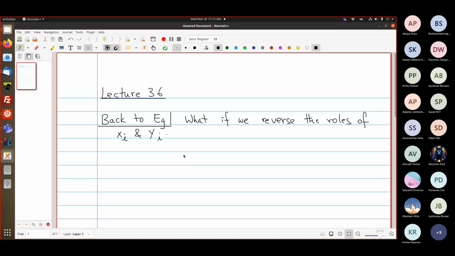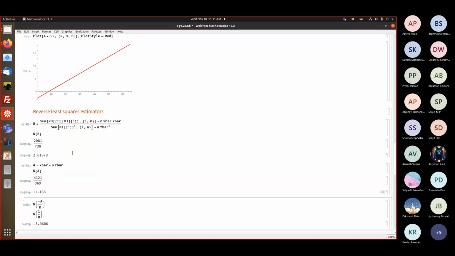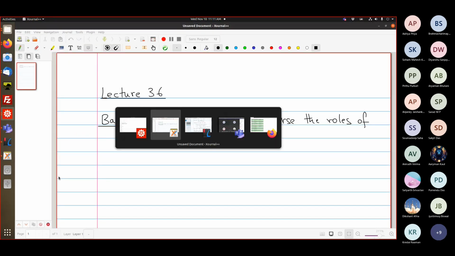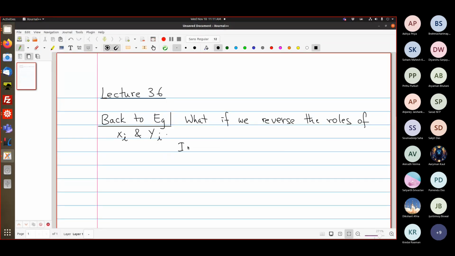So now I want to compare this data. If y is a plus bx, then x is minus a by b plus 1 by b times y, right? Just interchange. b is not 0, so not a problem.